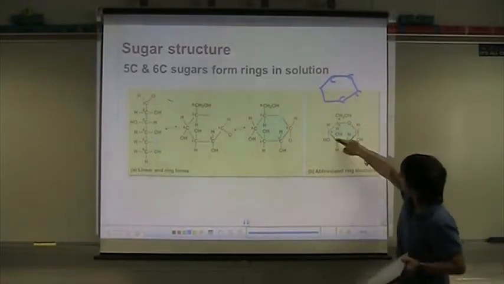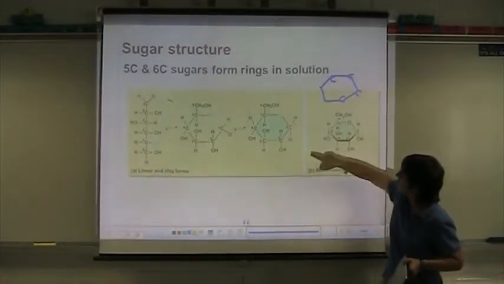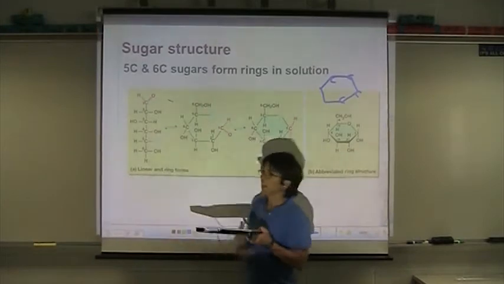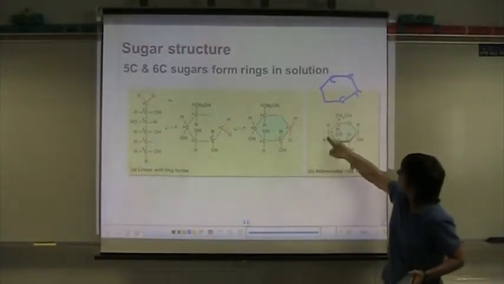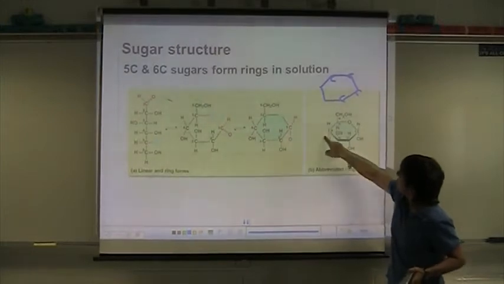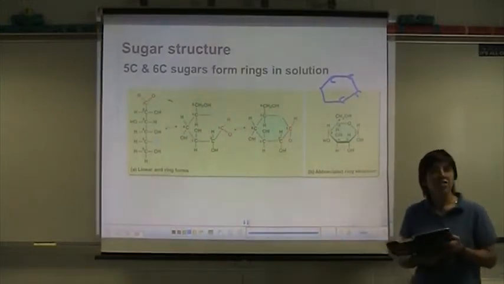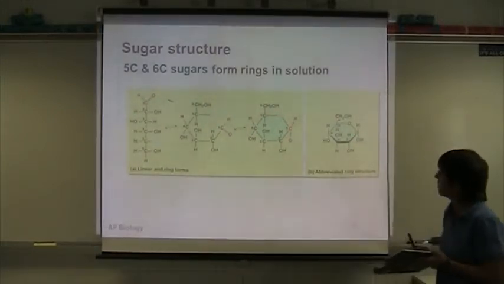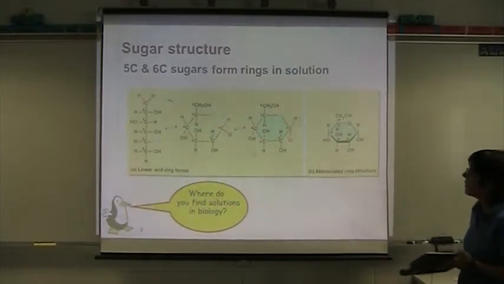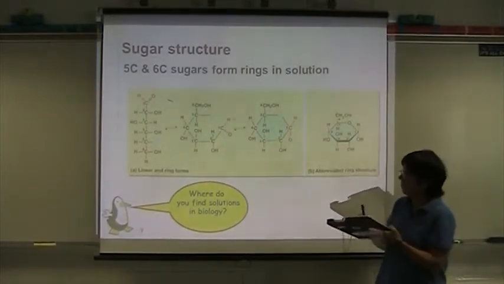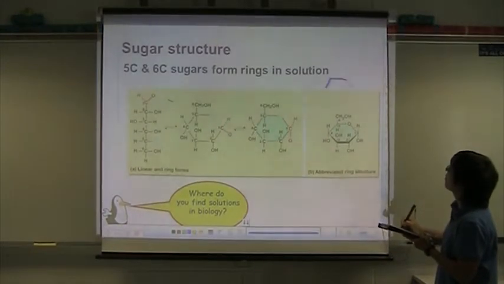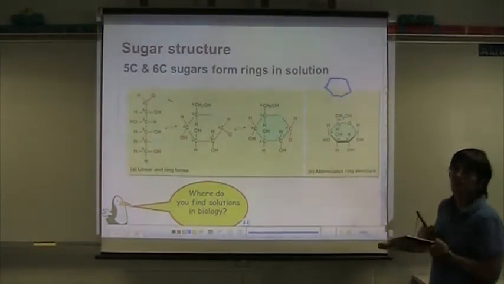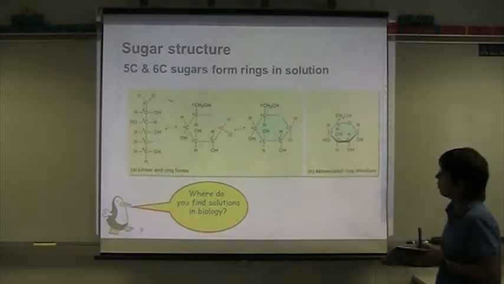Now notice that every carbon has attached an H or an OH. Very convenient. So this is how you're going to see glucose, and you are going to be masters of drawing my glucose hexagon. That is always going to represent glucose.